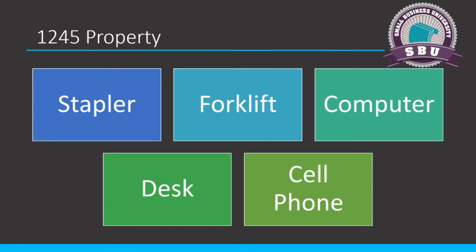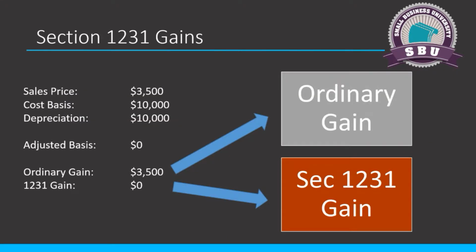And we'll start by getting an understanding of what the two types of gains are that we can have with 1245 property. So we're going to do several examples. The first one illustrates a very typical situation if there is any gain at all. The typical situation is there isn't anything going on because they disposed of an asset that was worthless.